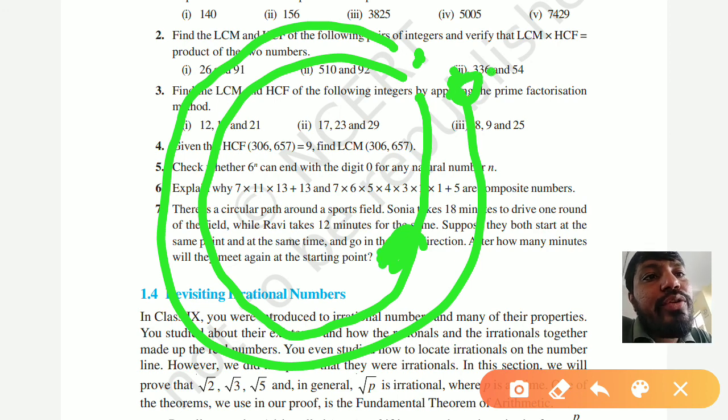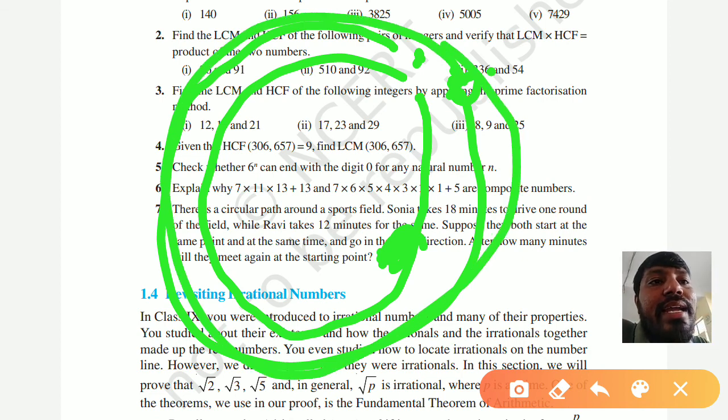And again they will continue like this. Ravi comes back again at 24, and Sonia takes 36 to reach here. So what we are doing here is taking 18 multiples and 12 multiples. Wherever you get the common number for both, at that time they are going to meet again.